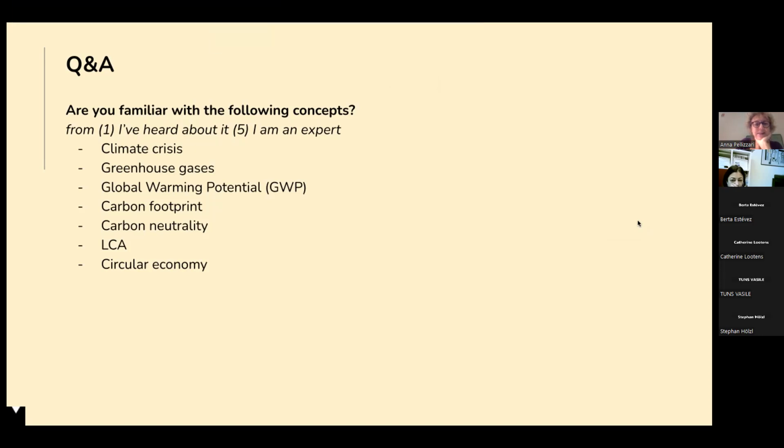Okay, then we have global warming potential. Then we have carbon footprint. Okay, so quite a broader range. We have experts on carbon footprint, clearly, and others.